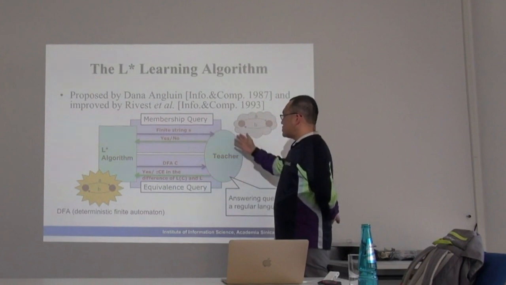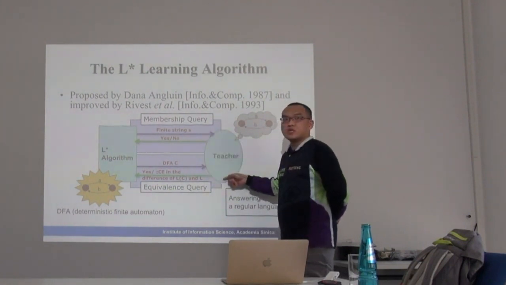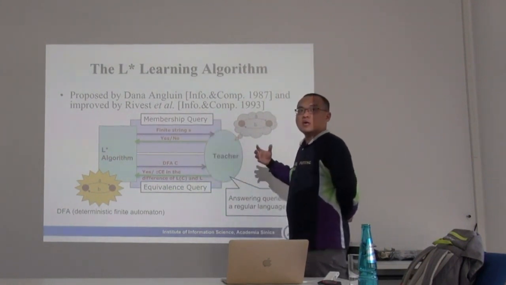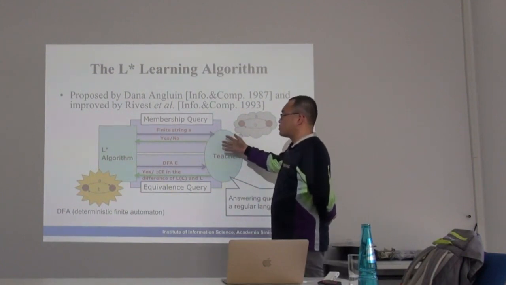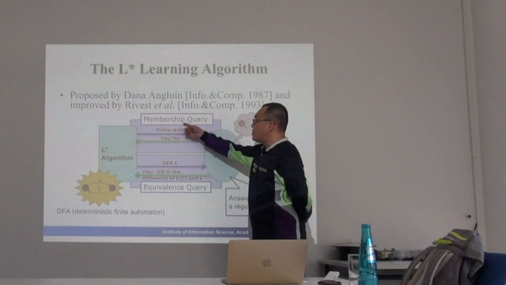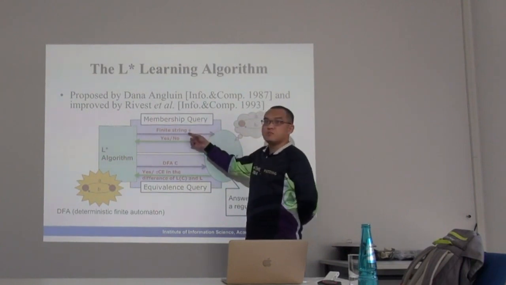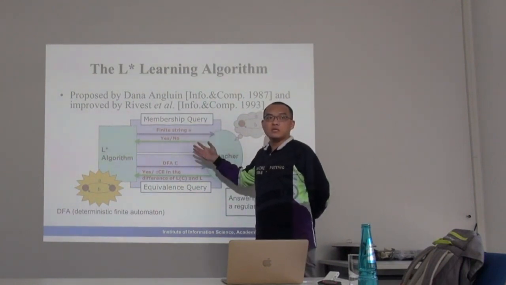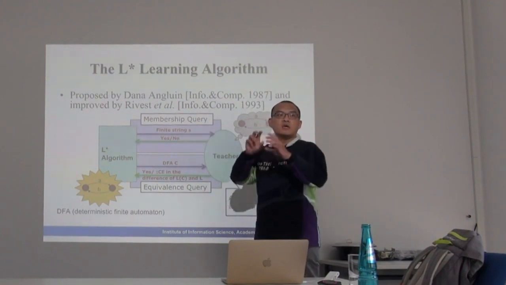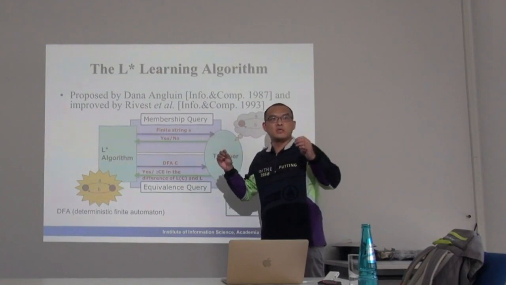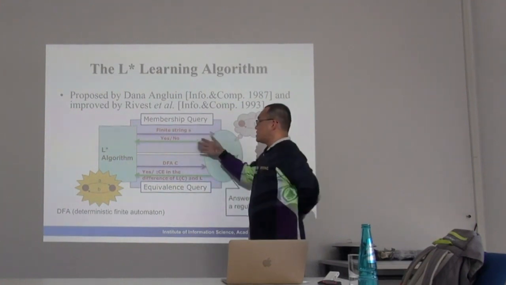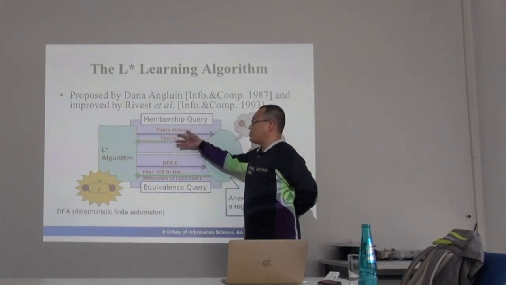Its assumption is that there is a teacher who knows the target regular language and can answer queries of two types. A membership query asks whether a string belongs to the target set or not. It can be a sequence of, let's say, insert €5, €10, and coffee, and you answer whether it should be a valid behavior or not.